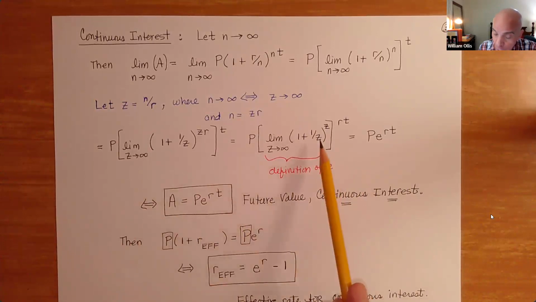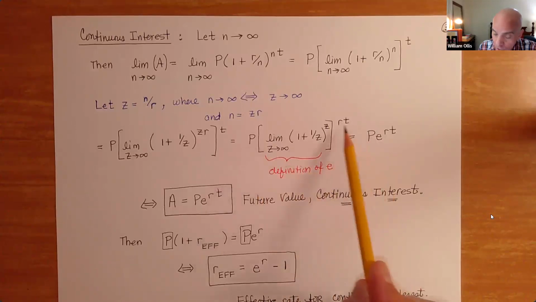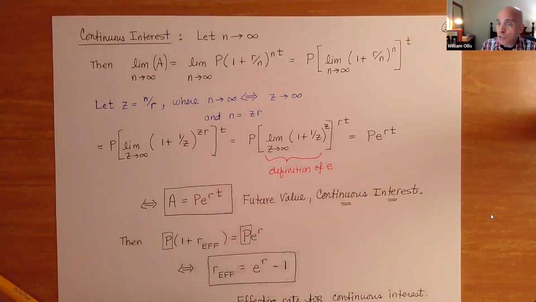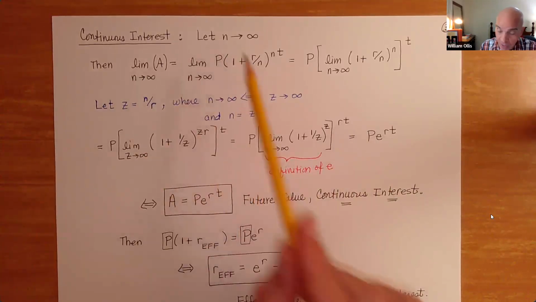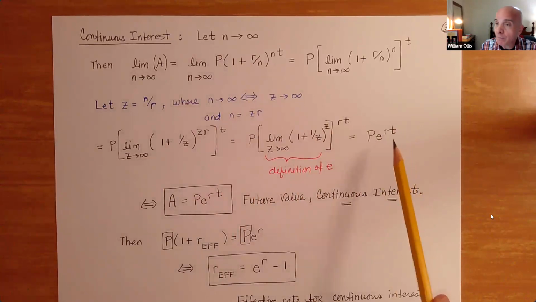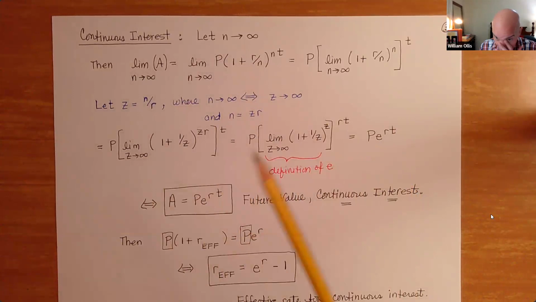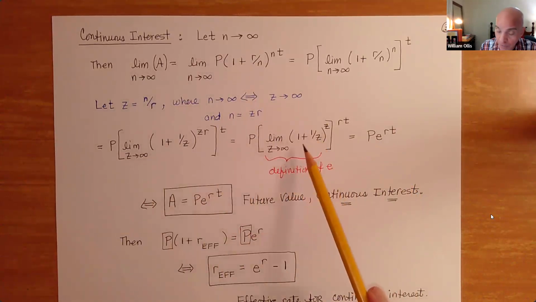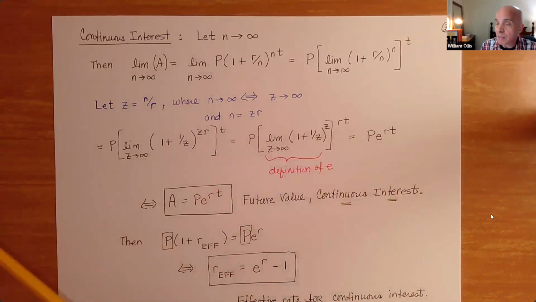Now, notice here, this limit is now replaced with e. So we have P e to the rt. When n passes to infinity, it is removed from the functional equation. That is, n passing to infinity helps us to define the natural base e, and so e is the replacement.